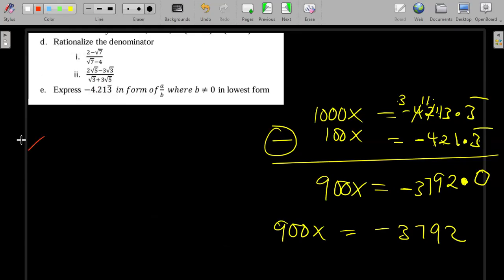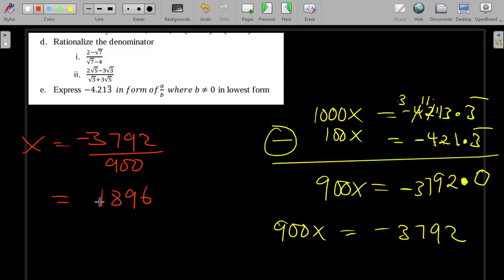Then from there we can solve for x. We're going to say x is equal to minus 3792 divided by 900. We can see that 2 can go into there because it is ending with 2 and this is ending with 0. So you do your division, and you are going to find 1896, of course it's a minus, and 900 divided by 2 gives 450.